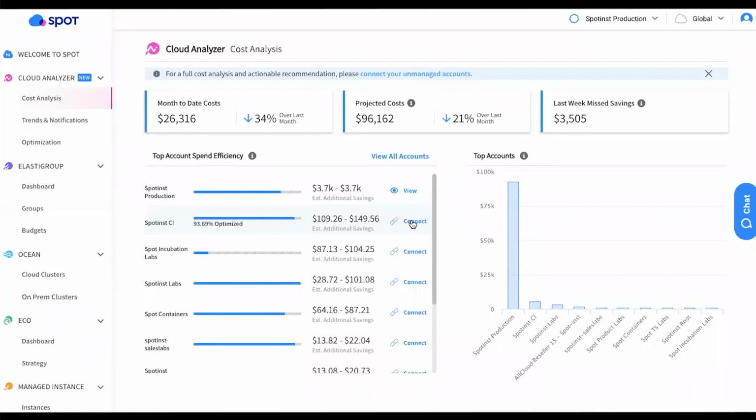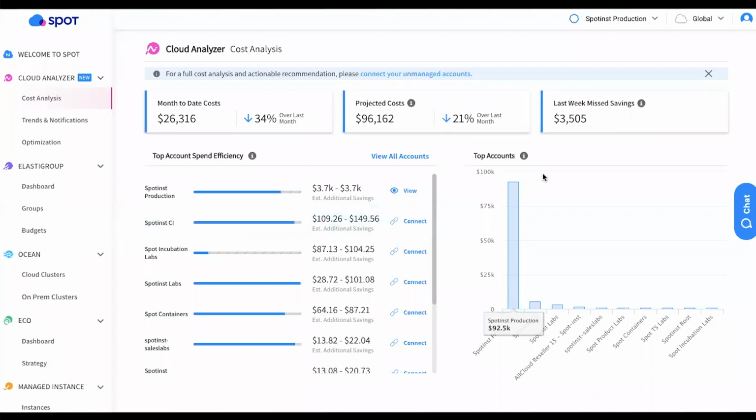But if you want Spot to go ahead and actually take the next step and help you automate these recommendations, implement these types of cost savings for you, then we do require an additional level of permission to be able to manage your workloads for you, run them on Spot instances, and so on and so forth.